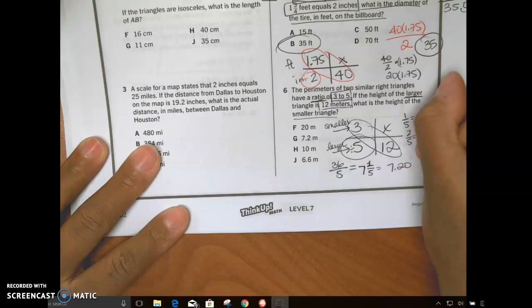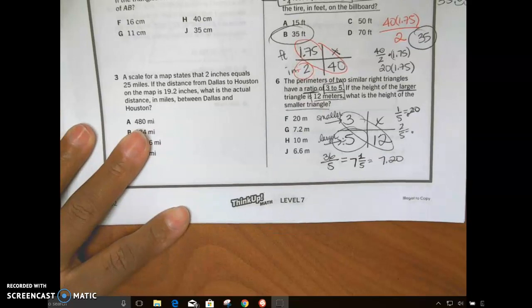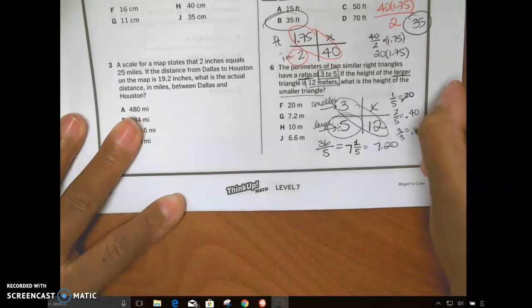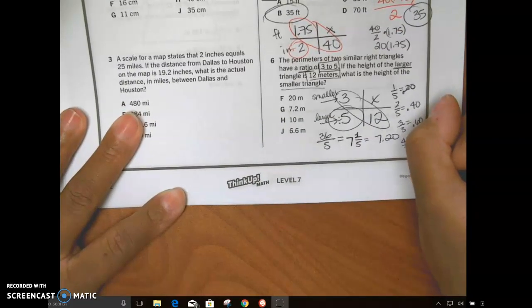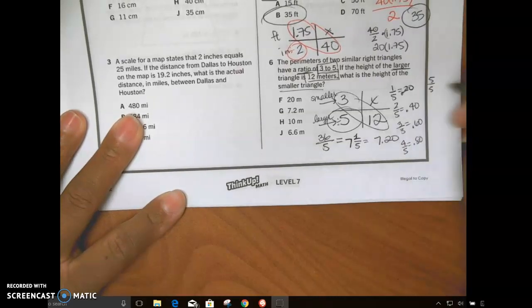If 1/5 is 0.20, what's 2/5? A little bit more. 0.40. What's 3/5? 0.60. What's 4/5? 0.80. What's 5/5? A whole.